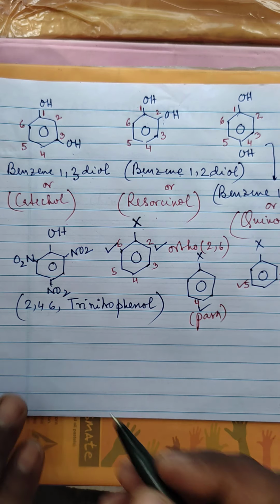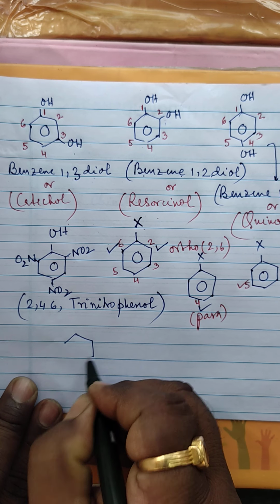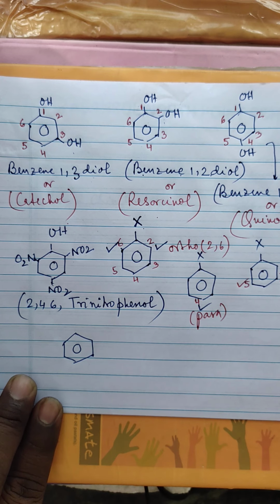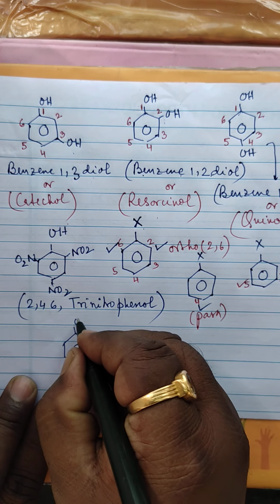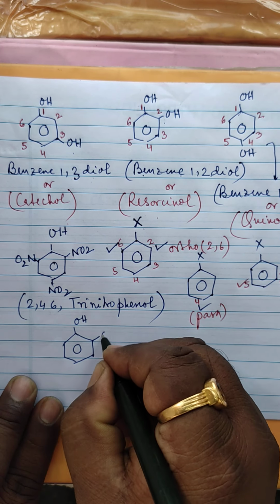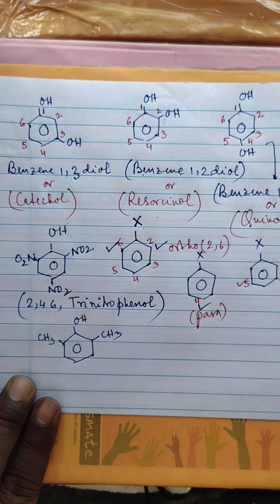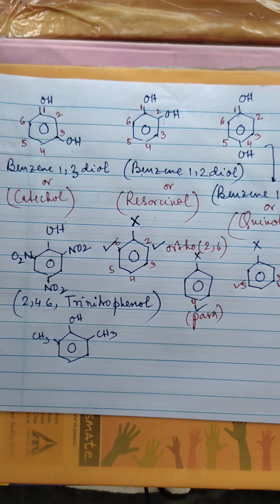Now we have another compound, and in this compound we have the same benzene ring. We have OH over here, we have a CH3 over here, we have another CH3 over here. So what is the IUPAC name of this compound now?